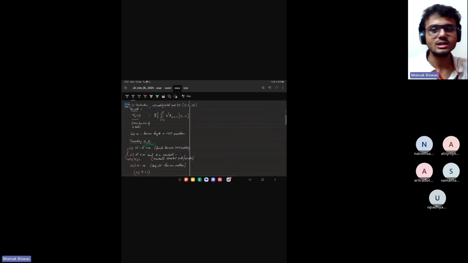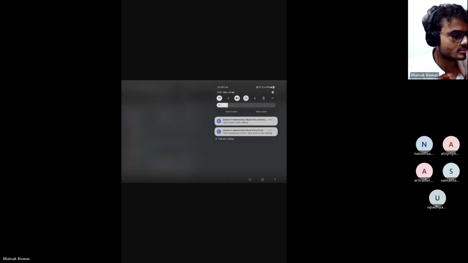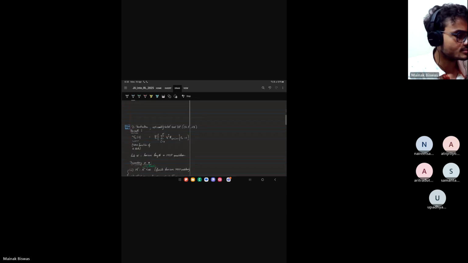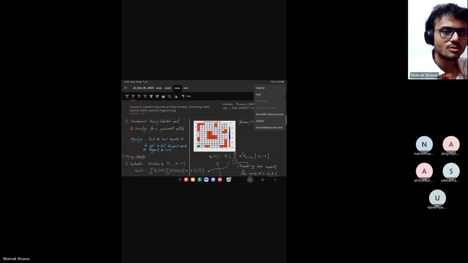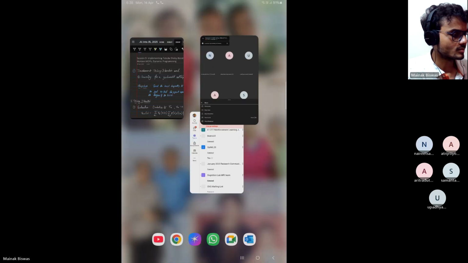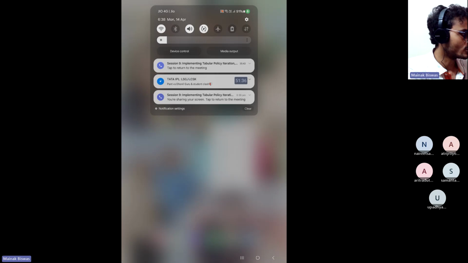My screen is just showing... Why is it not rotating?